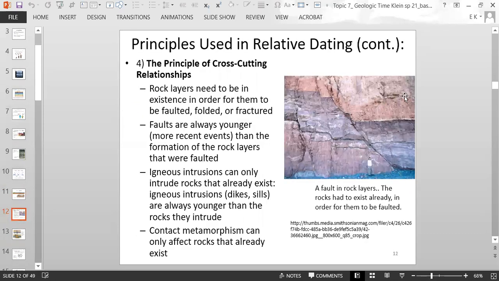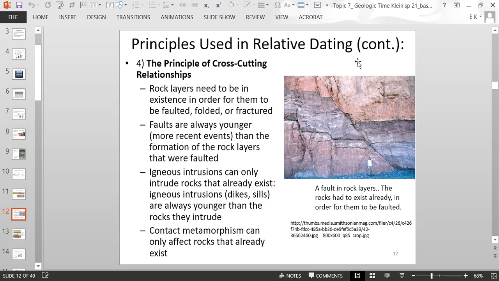Then we have the principle of cross-cutting relationships. So in this photo, you have a fault line. The concept of cross-cutting relationships says that if there's something that happened to the rock layers, then when you compare ages of the event to the ages of the rock layers themselves, like how old the rock layers are, the event is always younger.